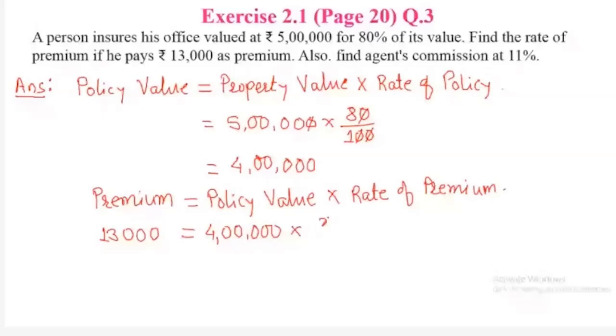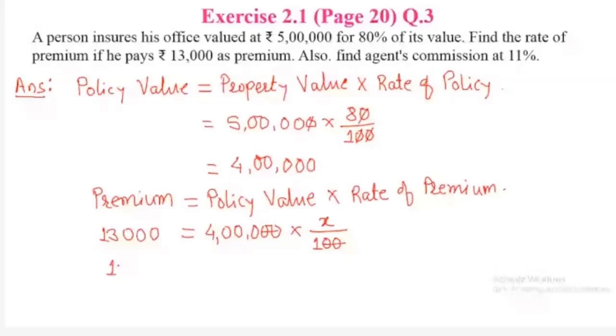If you want, you may say that X will do, fine, upon 100. Agreed? Or you may say rate of premium upon 100. So these zeros and these zeros got cancelled.